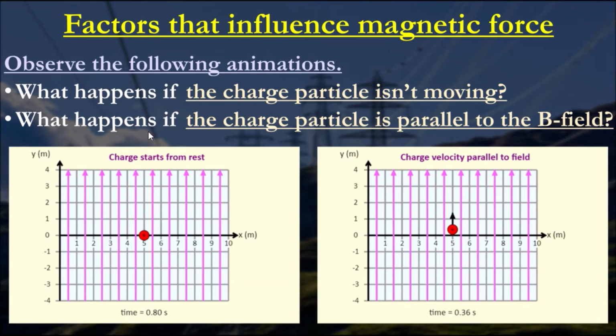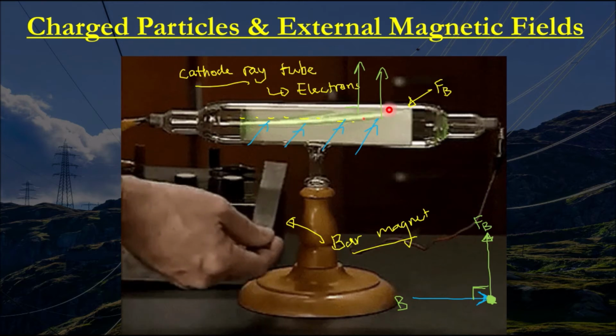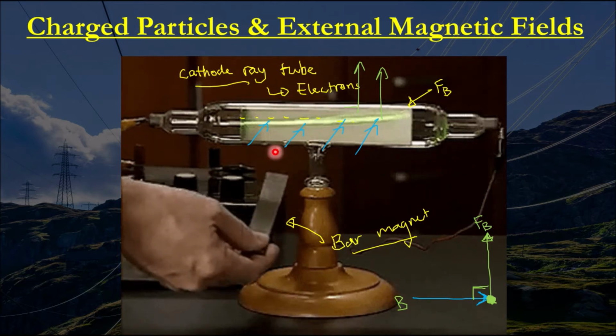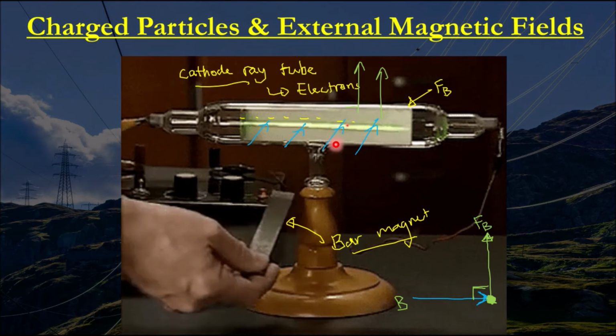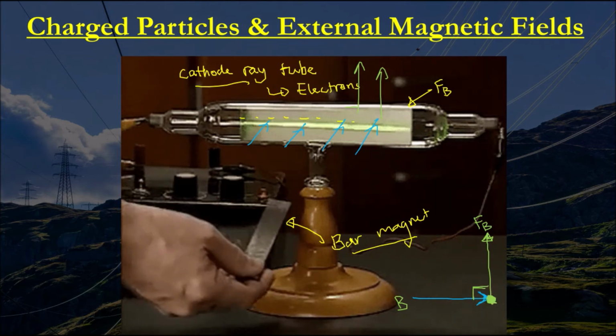And then in our second scenario, this one over here, you can see this little black line that's showing the velocity vector. So this charged particle is moving, but it's moving parallel to our magnetic field. Now notice in our previous image, we said that this motion of the charged particle occurred because the magnetic field lines were perpendicular to the moving charged particle.